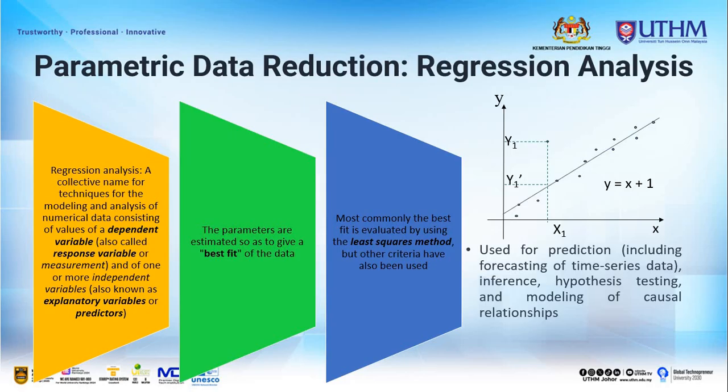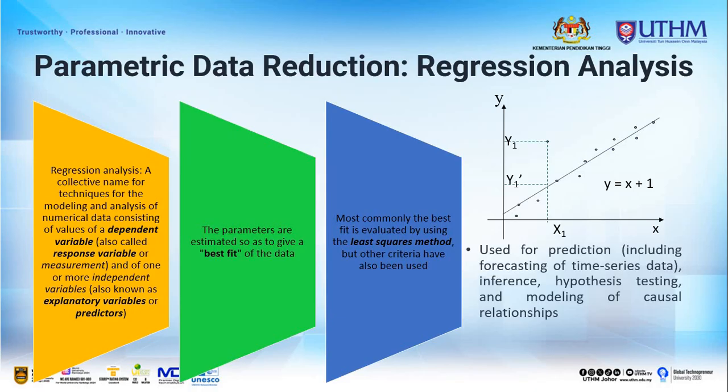Okay, for the components, there are two. One is the dependent variable, the other is the independent variable. The dependent variable is also called the response variable or a measurement. This is the variable we are trying to predict or explain. The independent variable is also known as the explanatory variable or predictors.